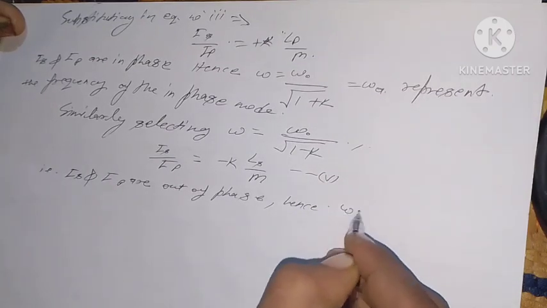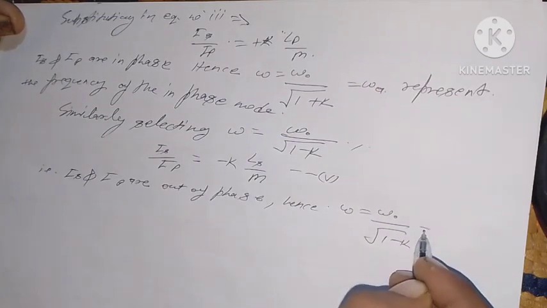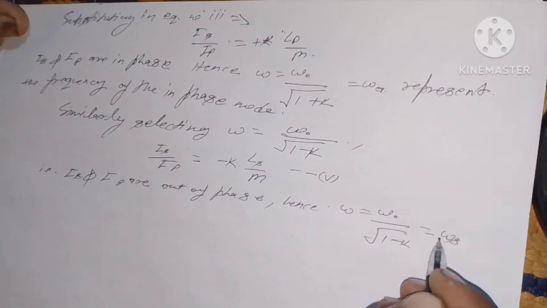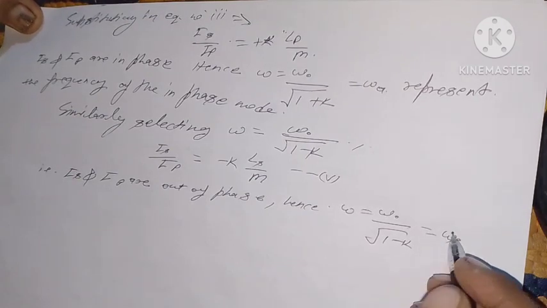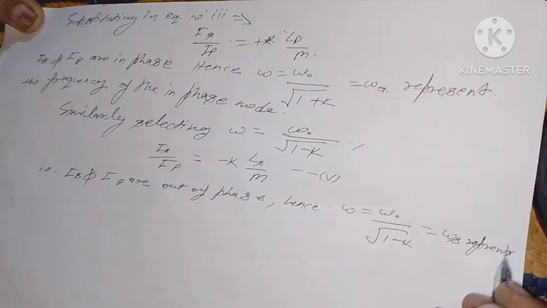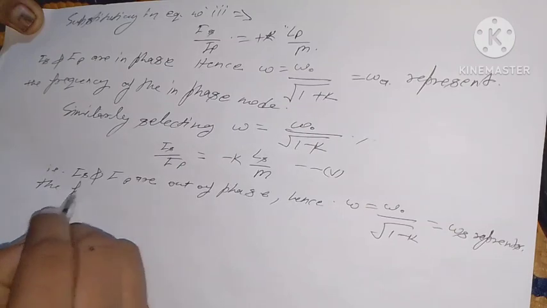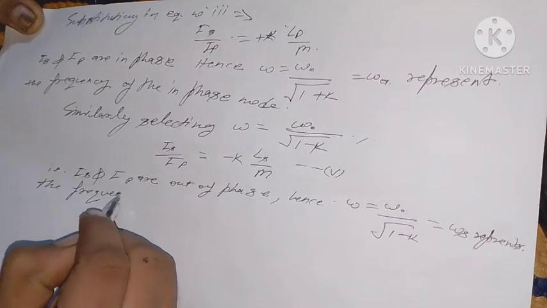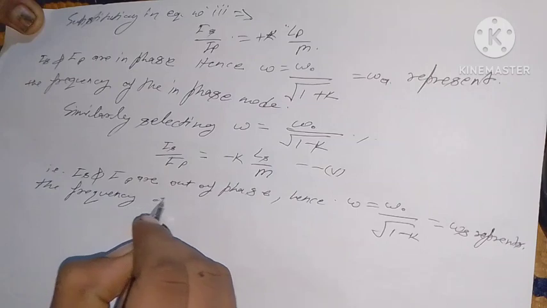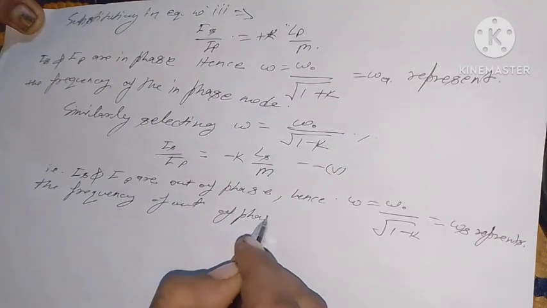Hence omega equal to omega naught upon under root of 1 minus K equal to omega S represents the frequency of the out of phase mode.